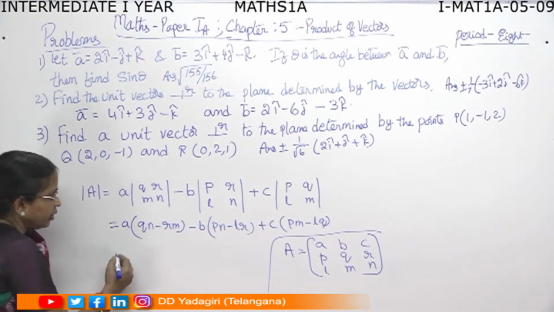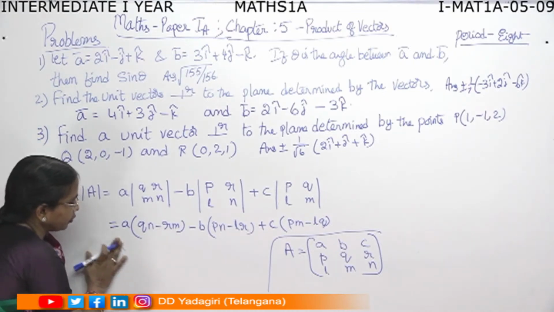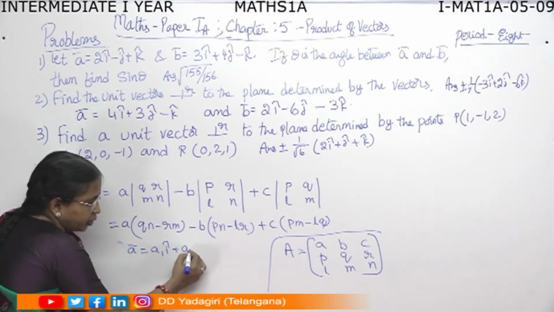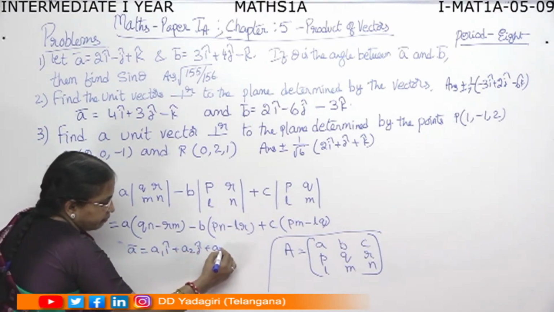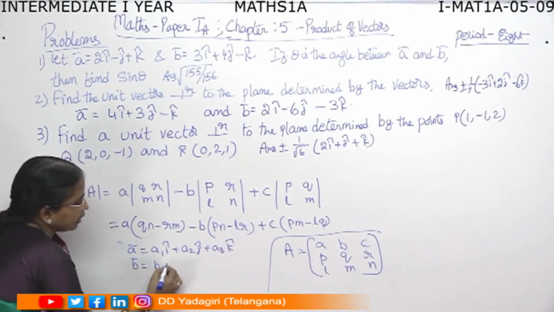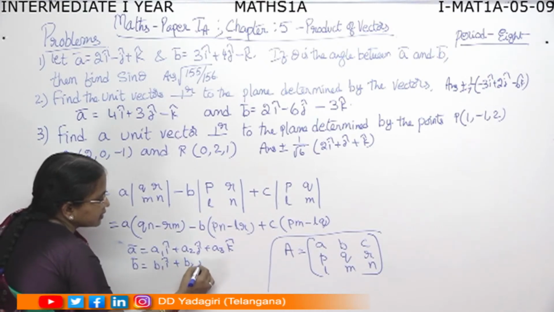And then we also define this now. Suppose that A is equal to A1 i plus A2 j plus A3 k, and B is equal to B1 i plus B2 j plus B3 k.